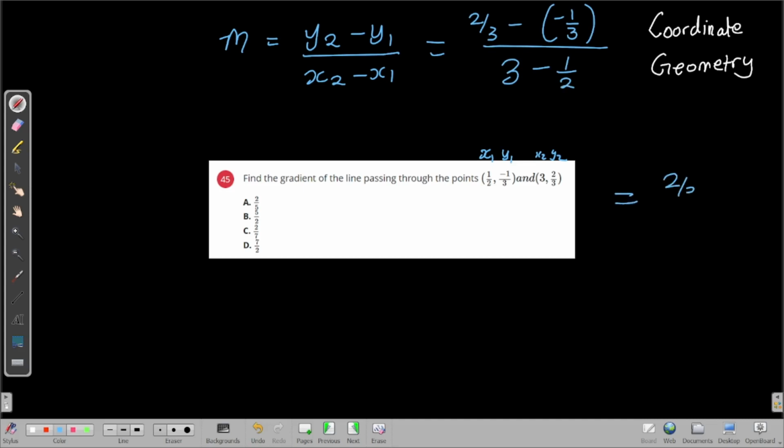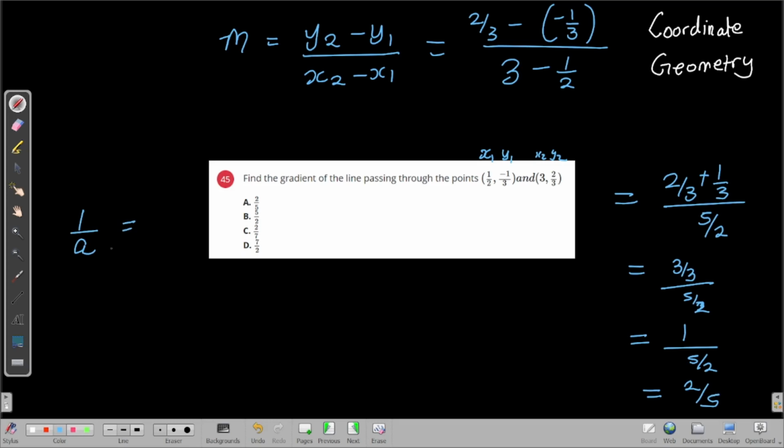That's equal to 2 over 3 plus 1 over 3 divided by 5 over 2. 2 over 3 plus 1 over 3 is 3 over 3, which is 1. 1 divided by 5 over 2 is going to be 2 over 5 because it's the reciprocal. 1 divided by a number is the reciprocal of the number. So 1 divided by a over b is equal to b over a. So 1 divided by 5 over 2 is equal to 2 over 5.